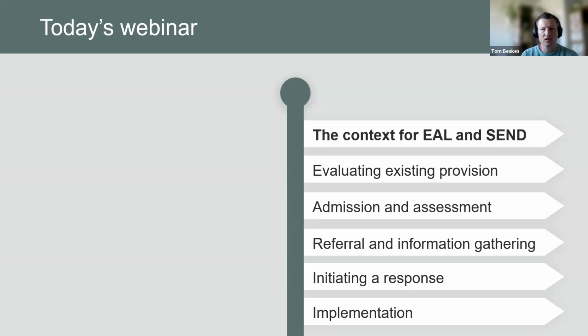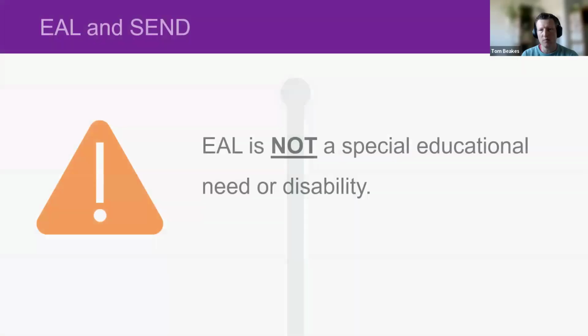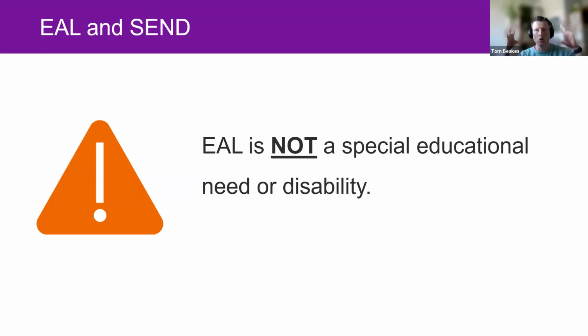So a little bit about the context. I want to start by saying that, of course, depending on their level of proficiency in English, EAL learners may face a linguistic challenge, and they will need targeted language support, both to help them learn English and to help learn all their subjects in English. But it's really very important to remember that EAL is not in and of itself a special educational need or disability.